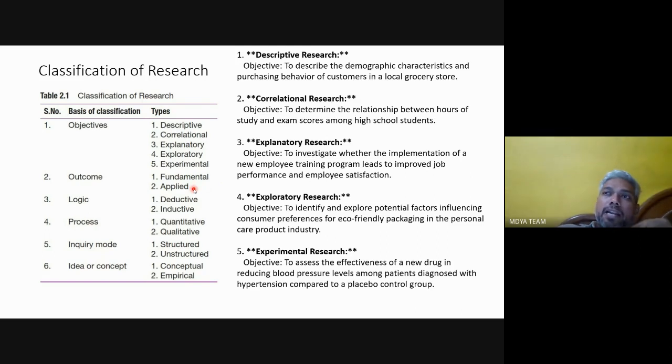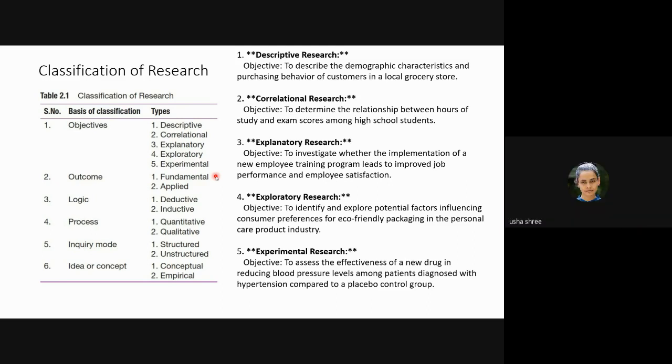And applied is used for a very specific thing, like when Chandrayaan 2 failed, they researched why it had failed. The reason behind it was that it did not get connected with the orbiter, because it fell down on the moon surface, and the solar panel was only on one side of the lander. So this is applied research, and fundamental research is the complete procedure they have used.